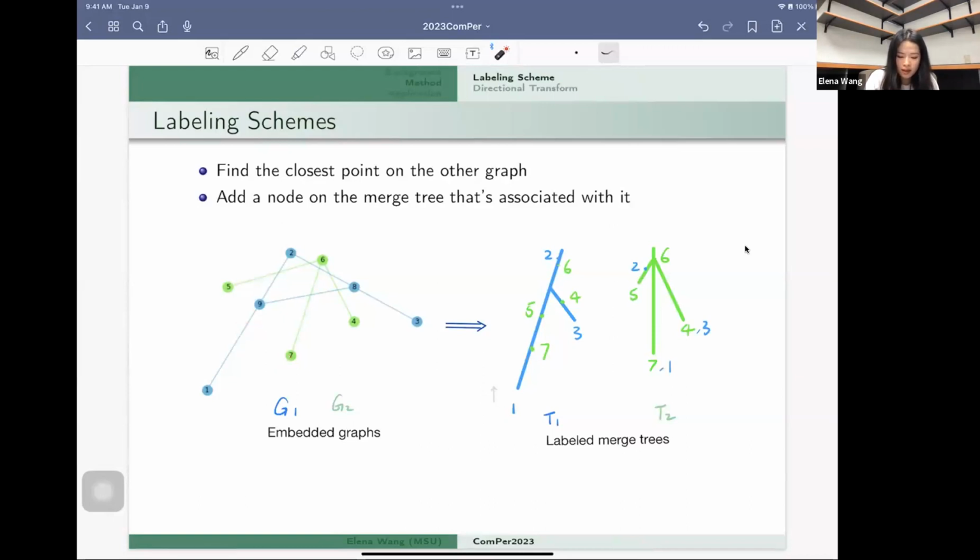So it ended up getting mapped to this vertex right here. And we do that for all the extremal vertices. G1 has 3 extremal vertices, so it has 3 blue labels, and G2 has 4 extremal vertices, so it gets 4 labels. And in the resulting labeled merge trees after the labeling scheme, we get 2 trees that both have 7 labels.